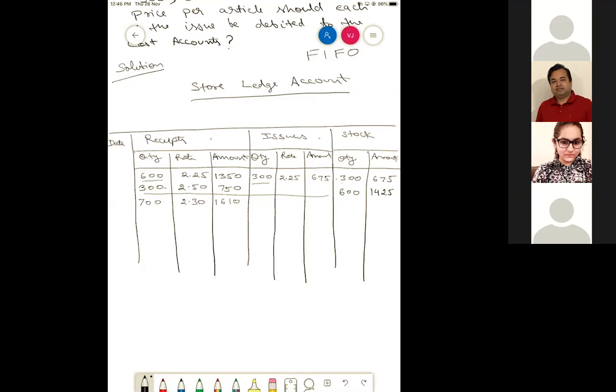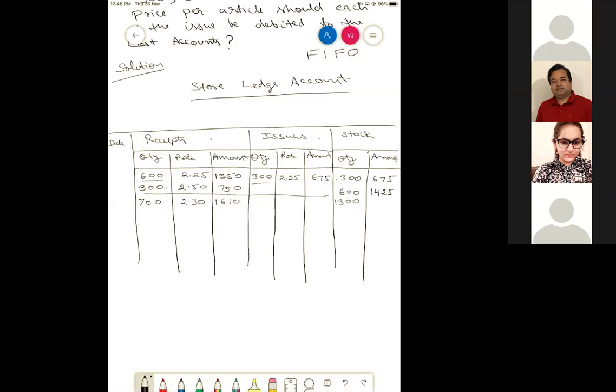Okay. And similarly, now the last one, when we purchase 700 units at the rate of 2.30, the amount is 1610. So for quantity, now we are left with 300 plus 600 plus 700, so quantity becomes 1300.